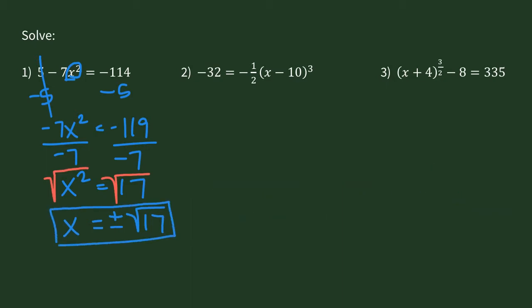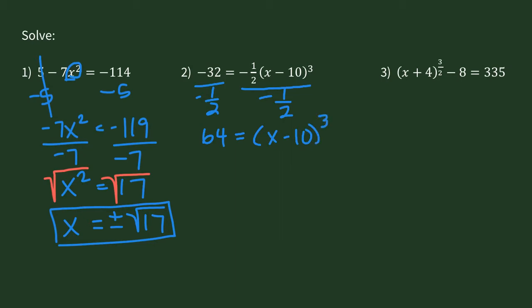Okay, we're going to look at number 2, and I see there's a cubed being done to the x. There's an x minus 10 cubed, and then that's being multiplied by negative 1/2. So we're going to have to take a cube root eventually, but first, we don't want the negative 1/2. We want to divide by negative 1/2, which is the same thing as multiplying by negative 2. So then if we do negative 32 times negative 2, we get 64, and then equals x minus 10 cubed.